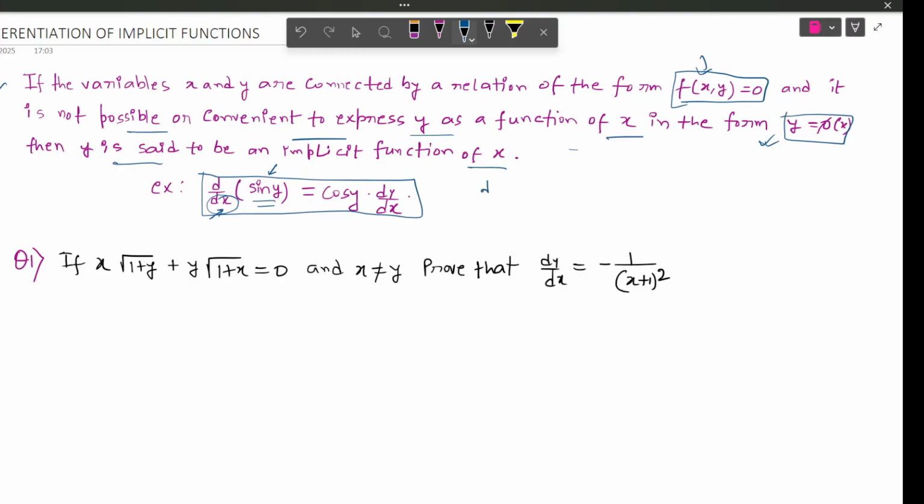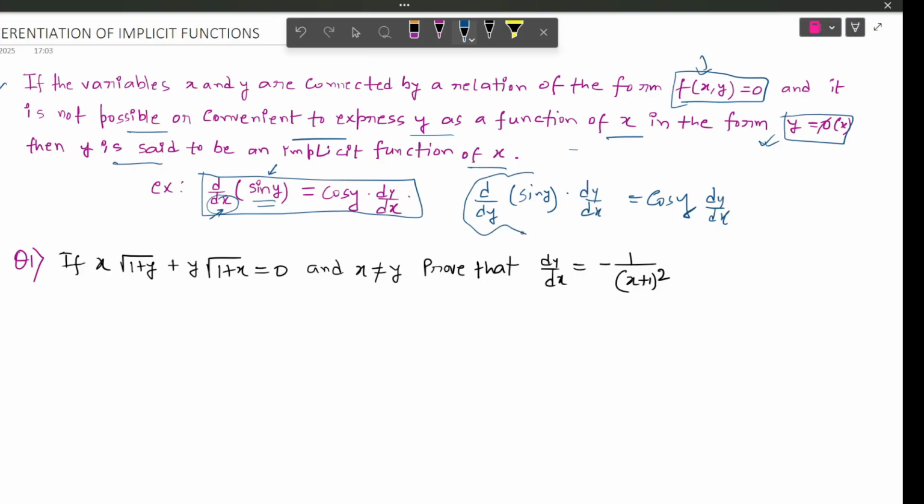Here, what we can do, we can write it like this, into dy by dx. If dy cancels out, it would become the same thing. So what is the derivative of sine of y? That is cos of y and dy by dx.